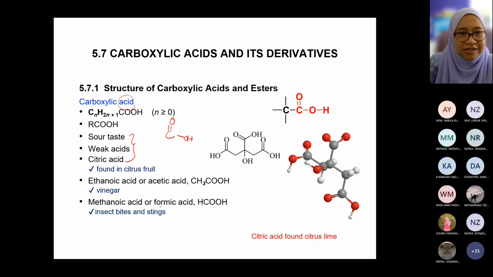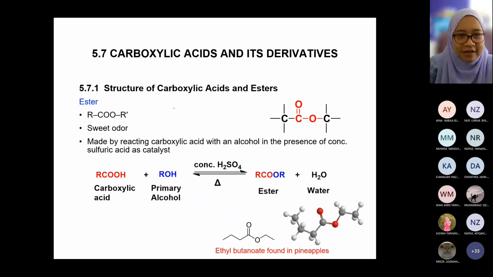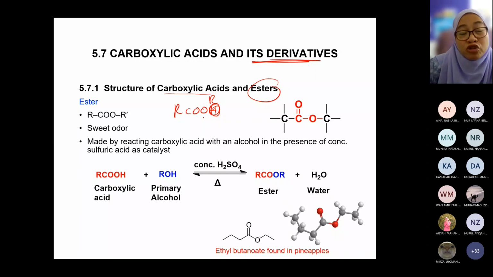Okay. On the other hand, kalau this is carboxylic acid, kalau ester, dia simply replace this hydrogen with R. That's why ester is a derivative of carboxylic acid. Derivative of carboxylic acid because it can be produced, okay, from carboxylic acid.